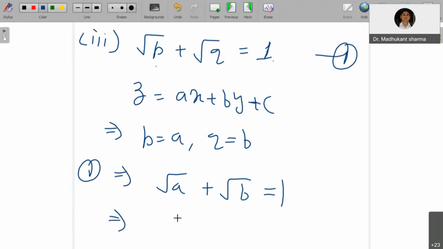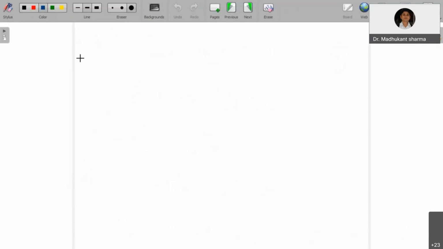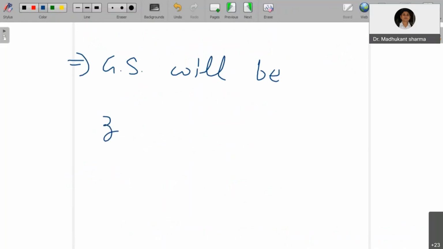So square root of b equals 1 minus square root of a, which gives b equals 1 minus square root of a, whole square. Now you can substitute here. Then the solution will be z equals ax plus 1 minus square root of a whole square y plus c.